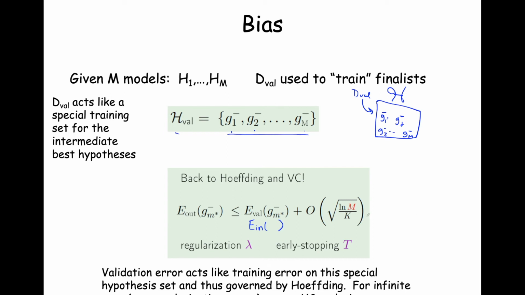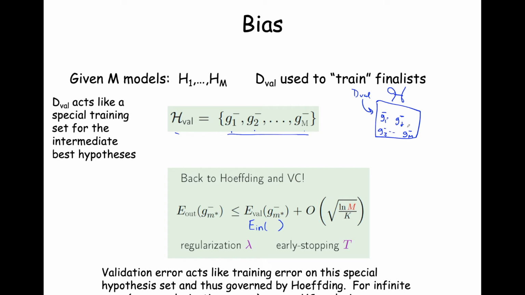For regular Hoeffding's inequality, this would be N, the size of the data set, and this ln, natural log, would be on the size of the hypothesis set. The size of our hypothesis set is a discrete hypothesis set of size big M. So we have this big O, radical log of the hypothesis set size over the data set size. Validation error acts a lot like training error on the specialized hypothesis set consisting of all of our gM minuses, and therefore it is governed by Hoeffding's inequality.